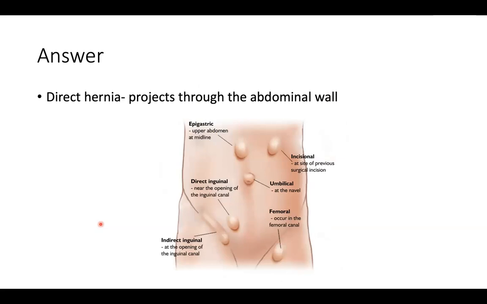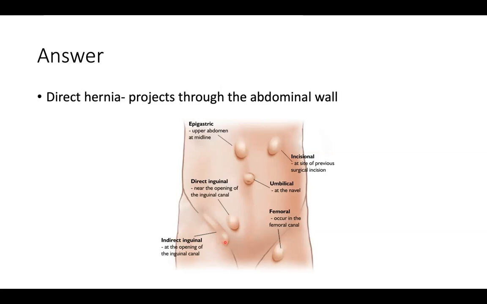So basically inguinal hernias are divided into two. We have the direct and the indirect hernia. The direct one opens near the opening of the inguinal canal, whereas the indirect hernia passes through the opening and opens at the opening of the inguinal canal.